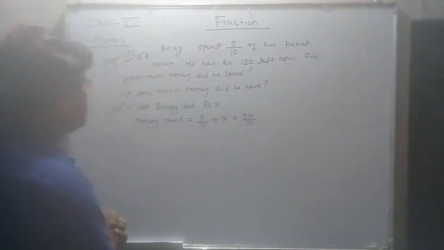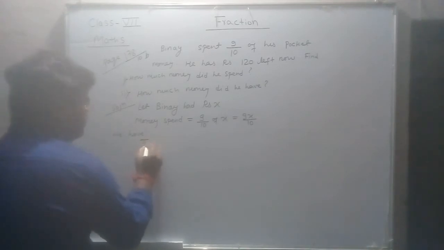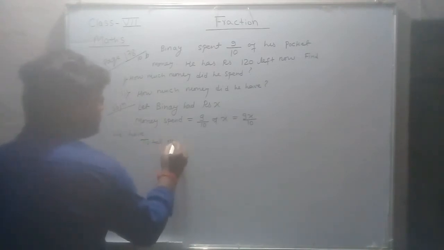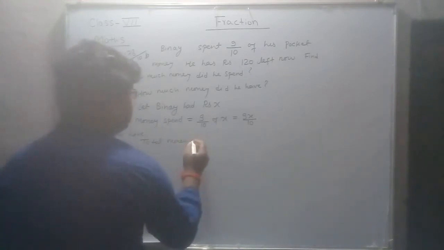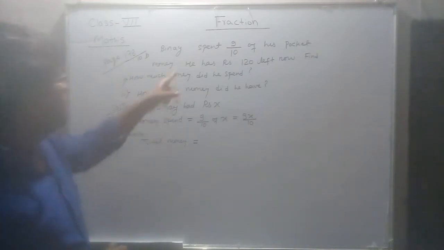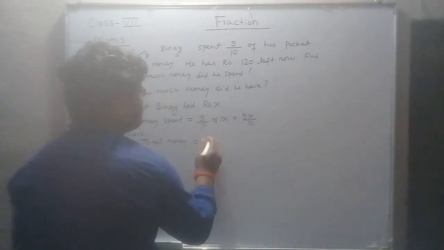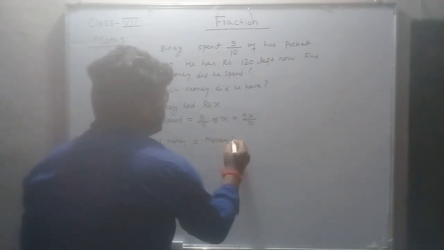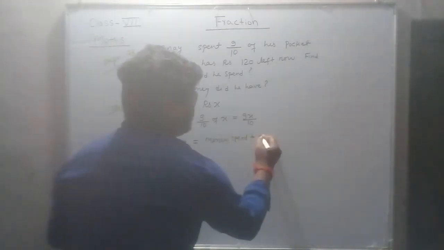Okay, so now again we have here total money. Total money is equal to money spent, how much money he has spent, plus the left money or the remaining money.